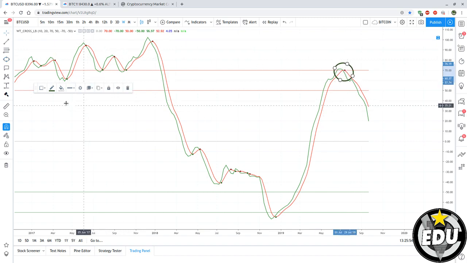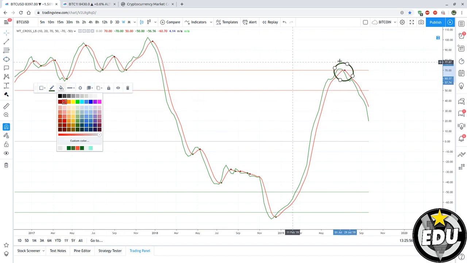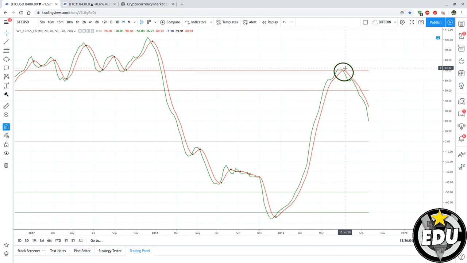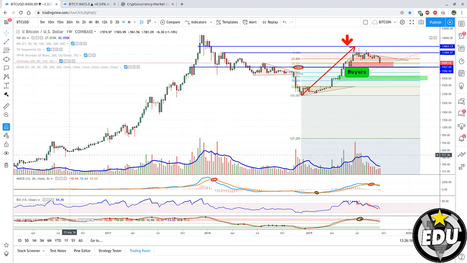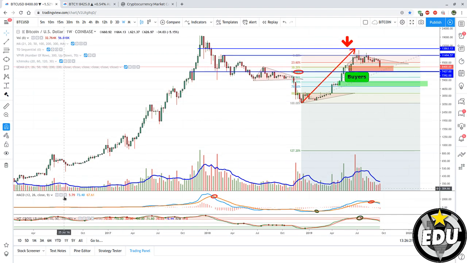And I said in one of my studies that every time the WT cross shows a red bearish cross on 17 and higher, usually a 30%, 40% correction has been spotted, also when it comes to the uptrend, when it comes to the bullish scenario. Every time the WT cross is making a red cross here, I can show you guys.